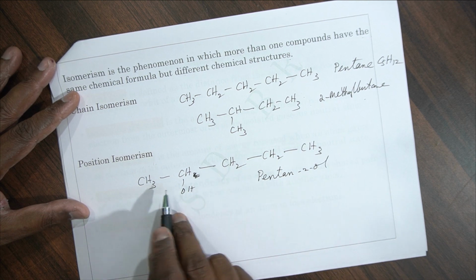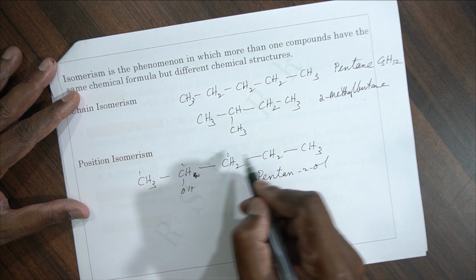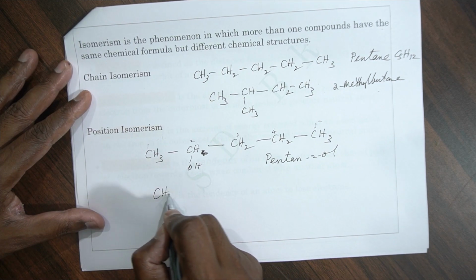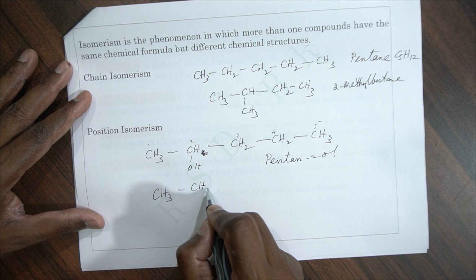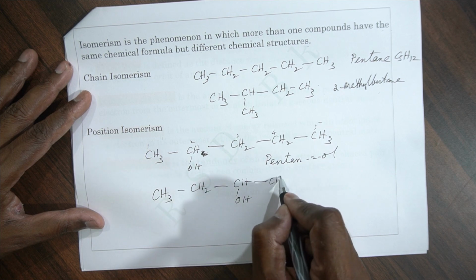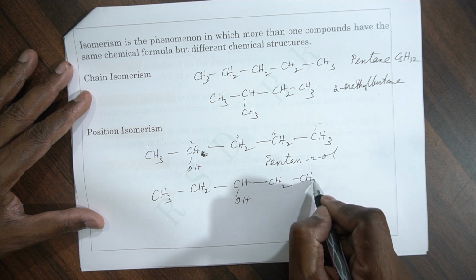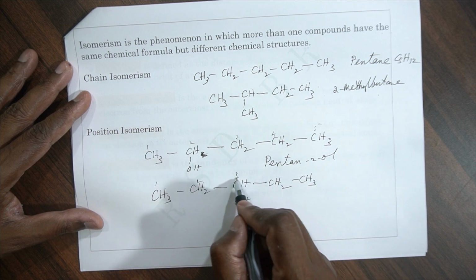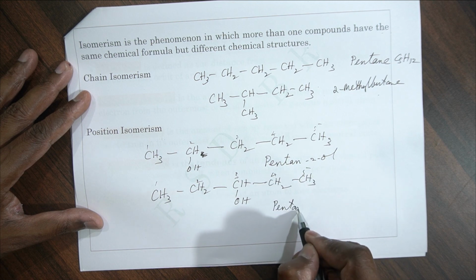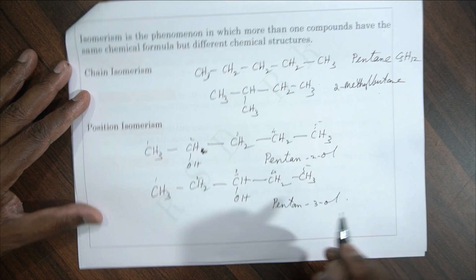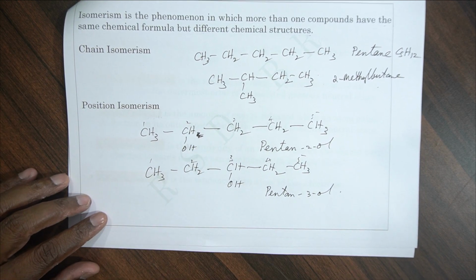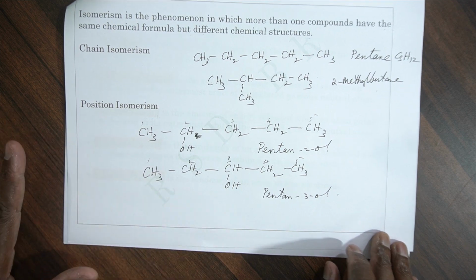The OH is in carbon 2. Numbering is from here. Okay. Now another isomer of this is CH3, CH2, CHOH, CH2, CH3. So 1, 2, 3, 4, 5. So this is pentan-3-ol. The structure is different due to the difference in the position of the functional group. So this is position isomerism.